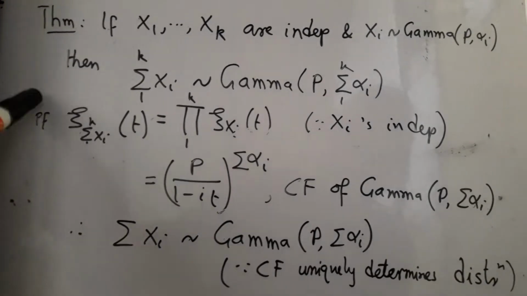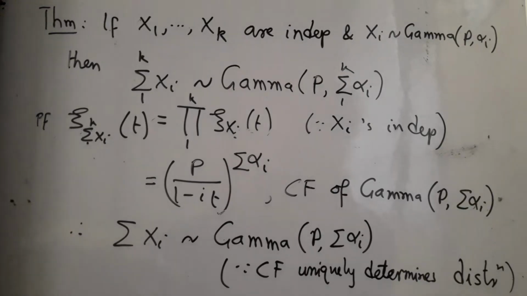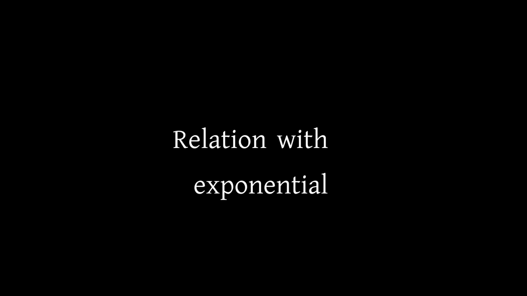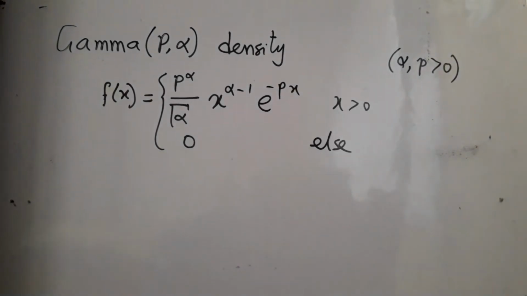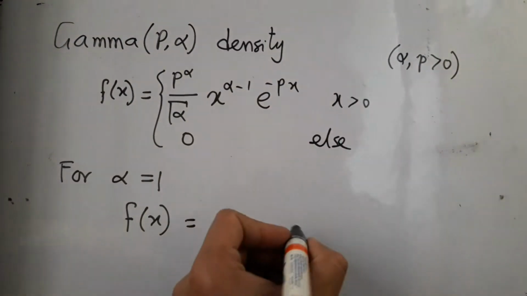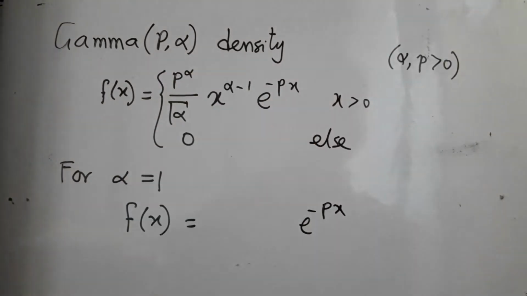Now we can use this result to show a relationship between the gamma distribution and the exponential distribution. This is our familiar gamma density. Let us see what happens if I put alpha, the shape parameter, equal to 1. This will remain unaltered, e to the power minus x. This will just not be there.